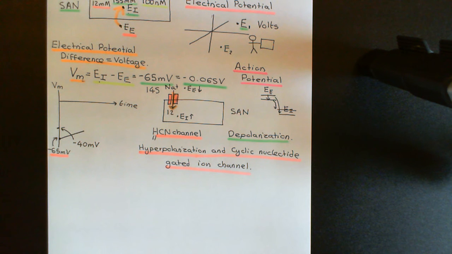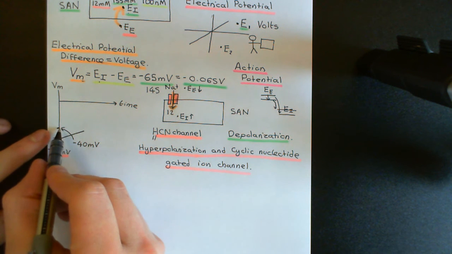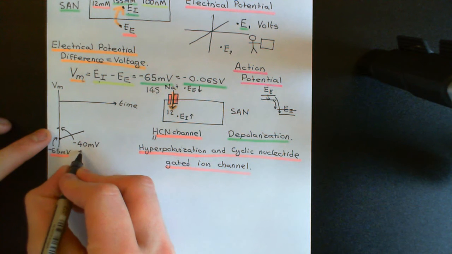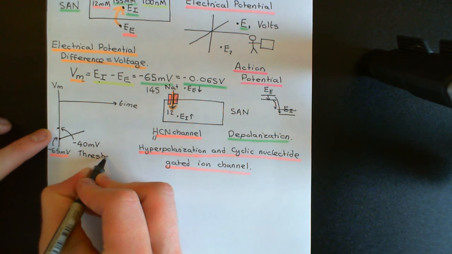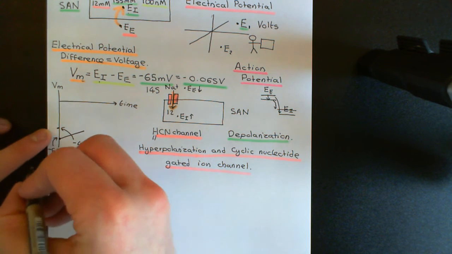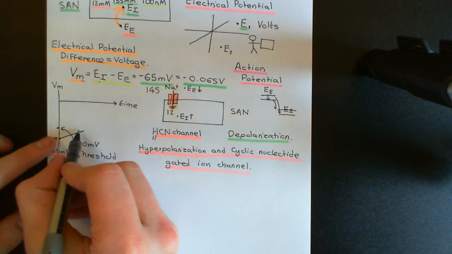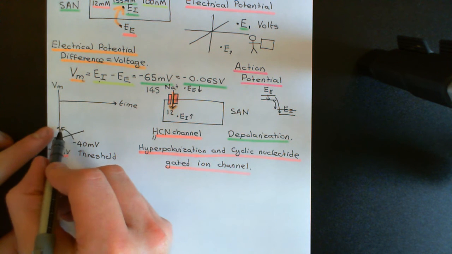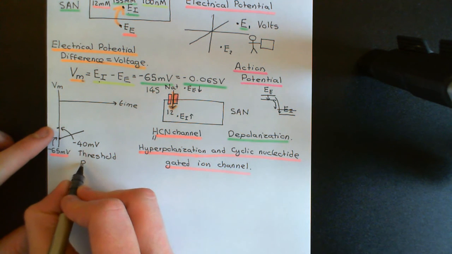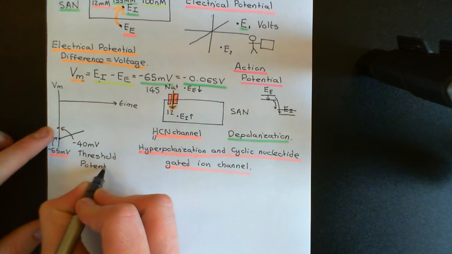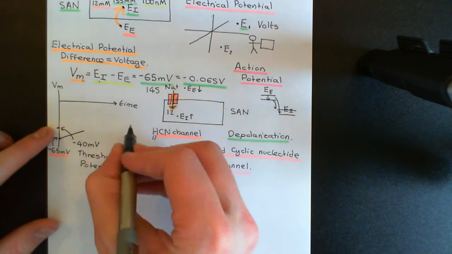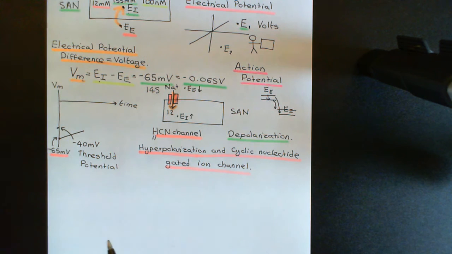What happens is once you depolarize the electrical potential difference up to a certain point called the threshold potential, a set series of events is triggered to produce an exact signal, an exact type of alteration in the electrical potential difference across the cell membrane. And no matter what it was that triggered the depolarization up to the negative 40 millivolts, the threshold electrical potential difference here, the signal after that, i.e. how the electrical potential difference across the cell membrane will vary, will be exactly the same.